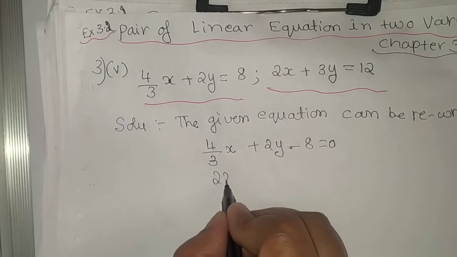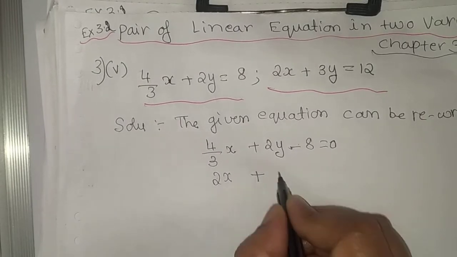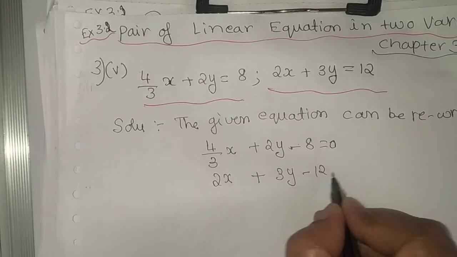Then the next expression is 2x plus 3y minus 12 is equal to 0.